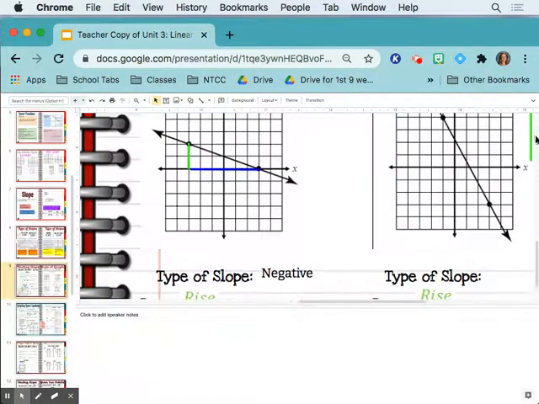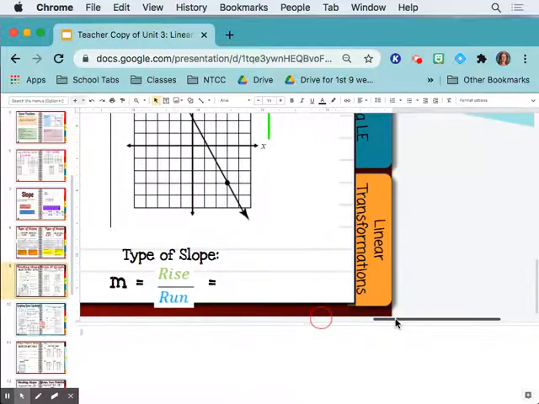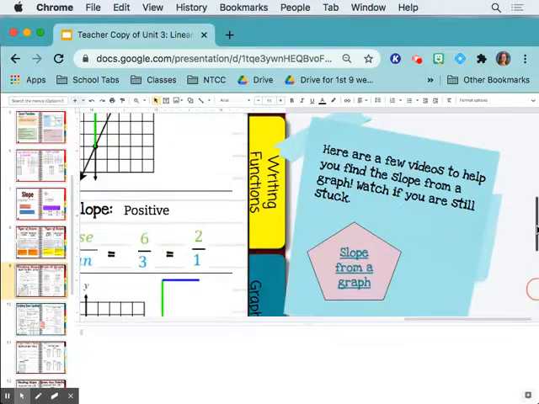Move this up so y'all can see it a little better. Okay, so on this one, rise, we actually went down 2. So it's a -2 rise and a 1, 2, 3, 4, 5, 6. So -2 over 6. Let's see if we have that over here.